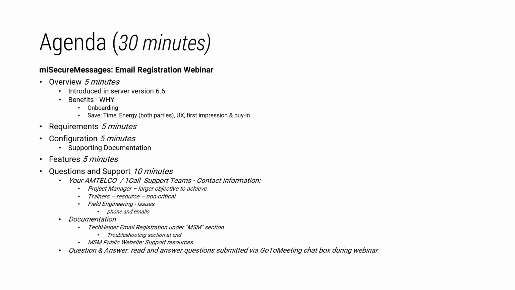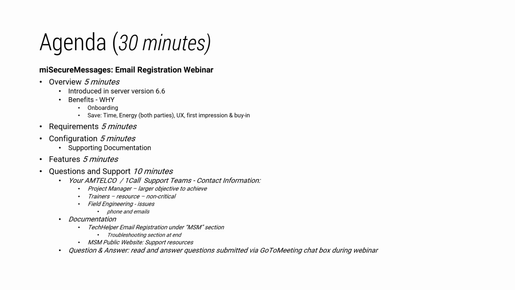That process does not always go smoothly, even if you try to make it simple, just because of user error, miscommunications, etc. And a lot of times the admins of the My Secure Messages solution are not even in the same location as the end users.